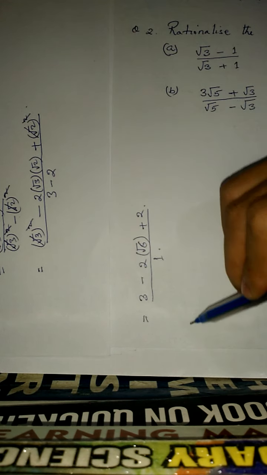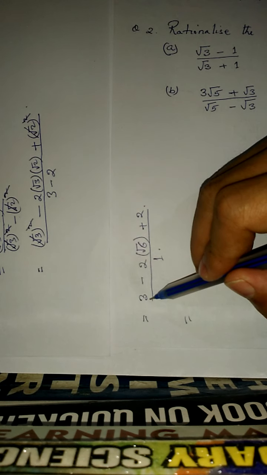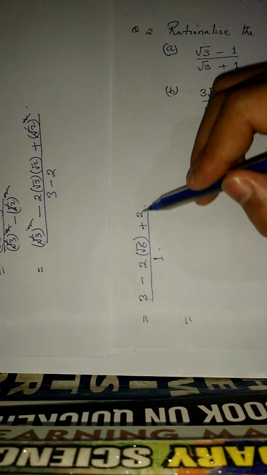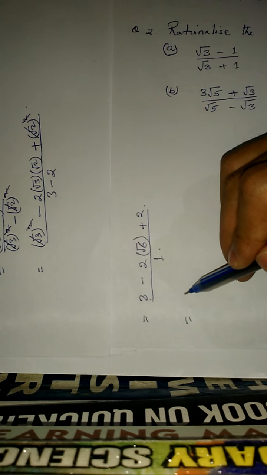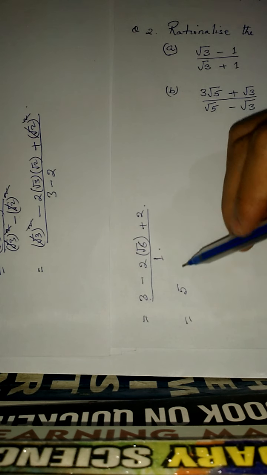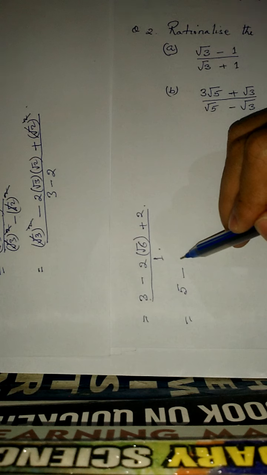Since the denominator 1 is not significant here, we don't need to write it at the denominator. Okay, now we have to find x square plus y square.